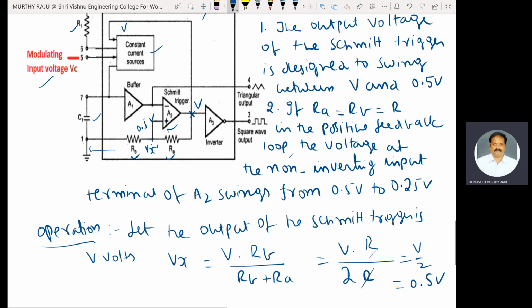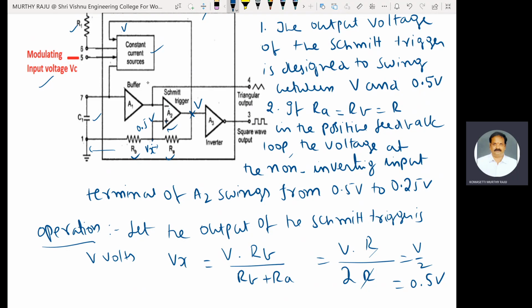This V volts is also applied to the constant current source. With the help of this control voltage, the capacitor is charged. The capacitor is charging through this buffer. The charging voltage is applied to the inverting terminal of the Schmitt trigger. Here 0.5 V is there.